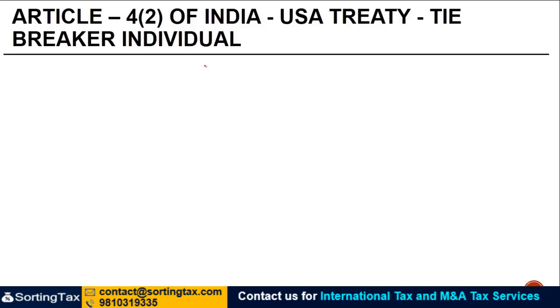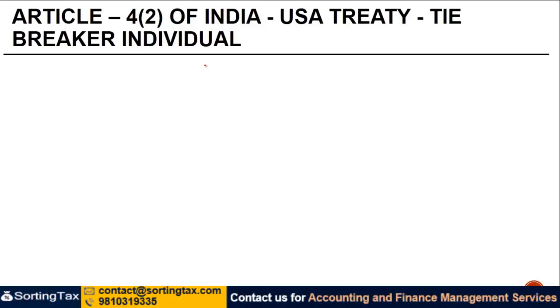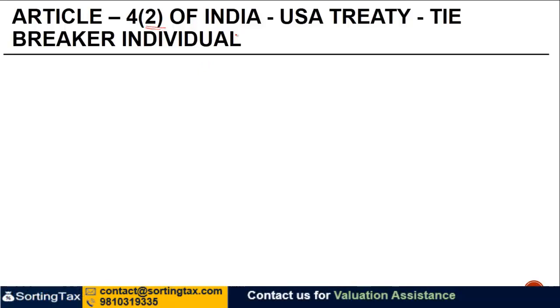It may just happen that he becomes a resident of one country by reason of his domicile and of another country by reason of his residence. In such a case, how do you ascertain which country he is a resident of is something which is dealt with in Article 4(2).